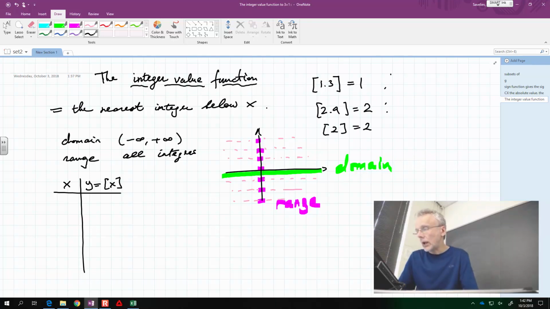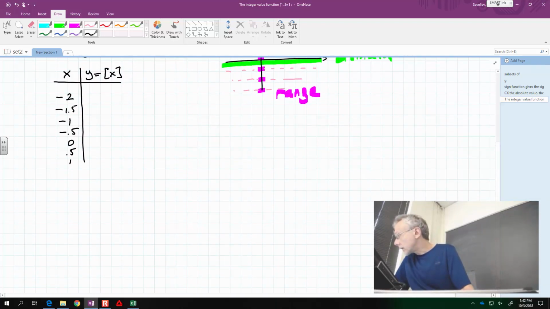So I'll start with, how about, negative 2, negative 1.5, negative 1, negative 0.5, 0, 0.5, 1, 1.5, and 2.